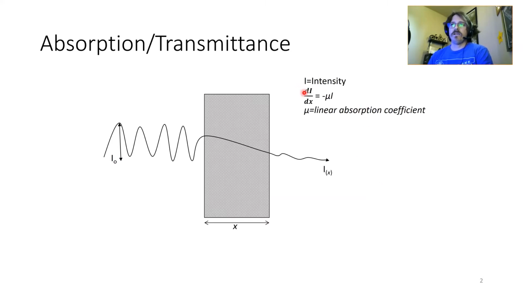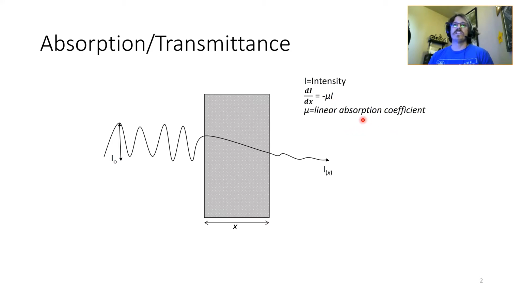The dI/dx, the change in intensity over the change in distance, is equal to negative mu times the intensity. So the amount of attenuation a beam will encounter as it goes through a substance of thickness x, we can express in terms of negative mu times I, which is the intensity.